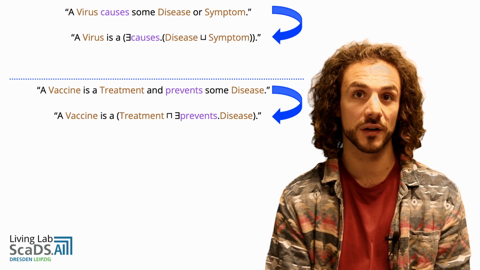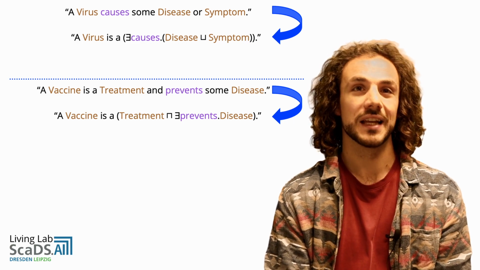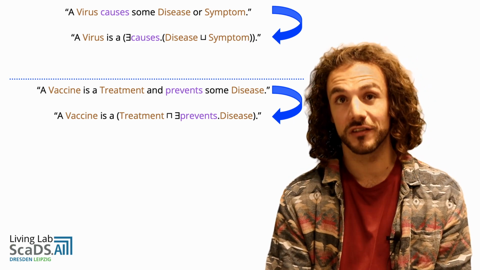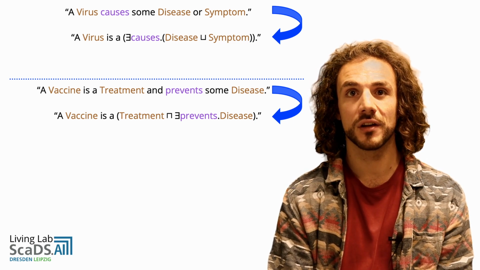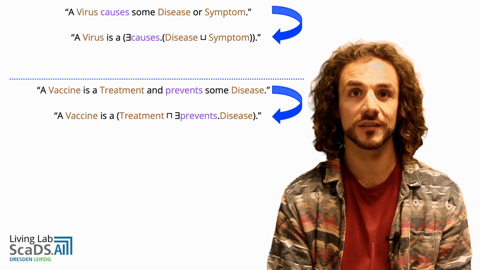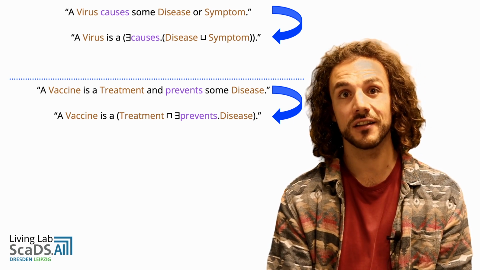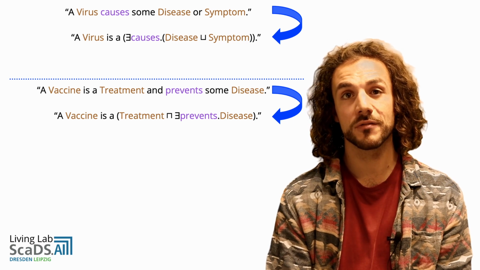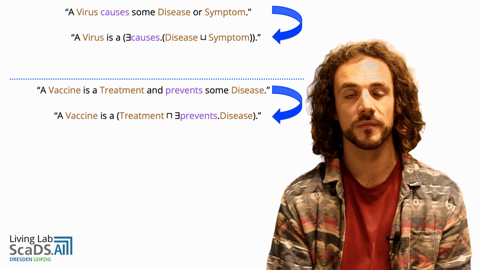The resulting expressions are called concept descriptions. Yes, the syntax may look unfamiliar, but the meaning is intuitively the same. In the first sentence, we have a description that talks about individuals that are treatments and prevent some diseases. In the second one, we have a description referring to individuals that cause some diseases or symptoms.